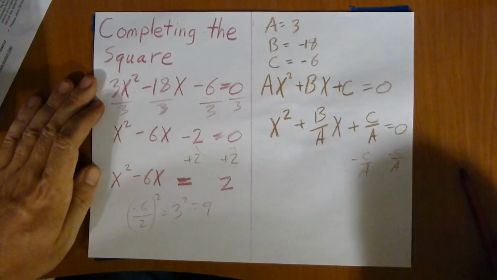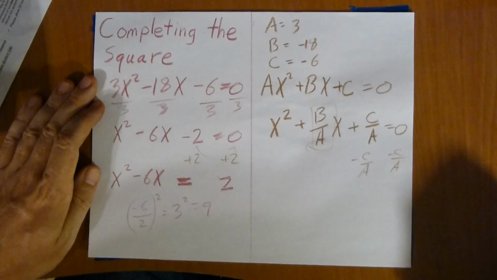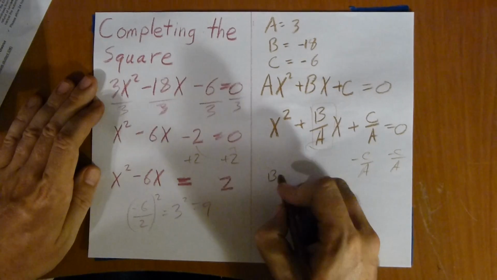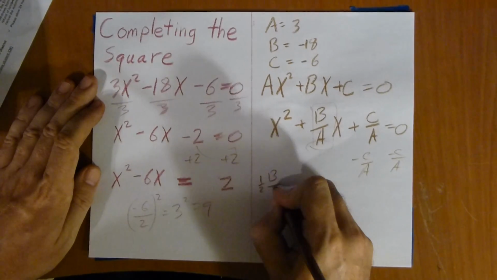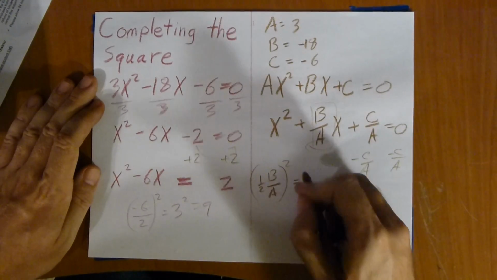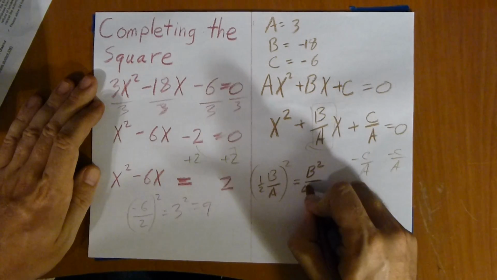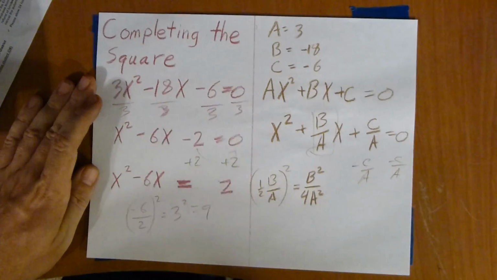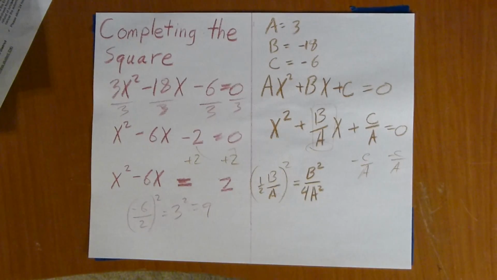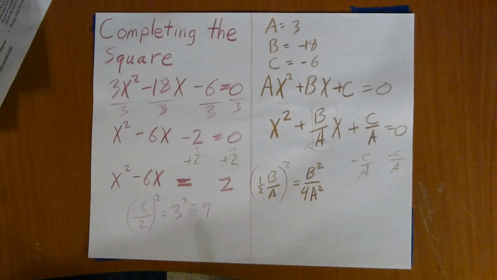I'm going to take 1/2 b over a, squared, equals b squared over 4a squared. The purpose of this will become clear in our next step or two.